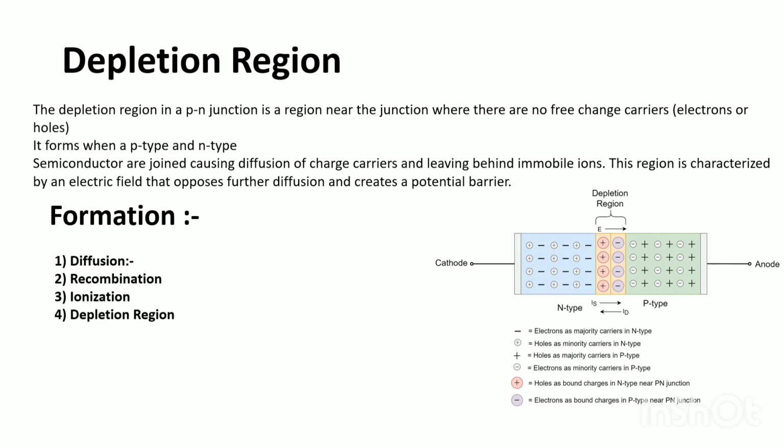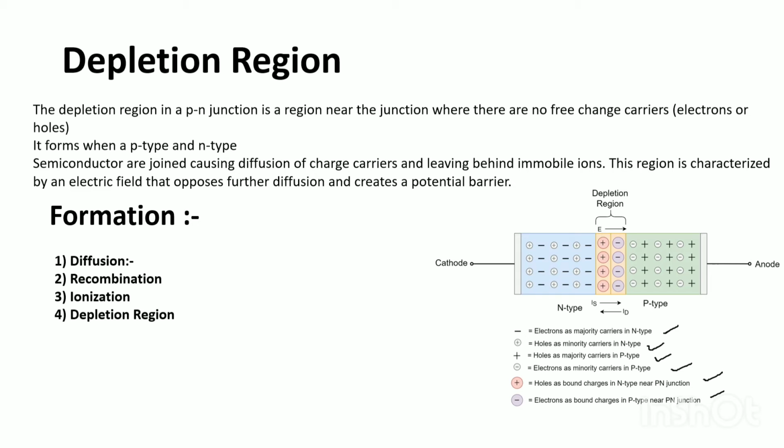So friends, there is a formation by diffusion. When p-type and n-type semiconductors are brought together, holes from the p side diffuse to the n side and electrons from the n side diffuse to the p side. Recombination: these diffusing charge carriers, holes and electrons, recombine near the junction.